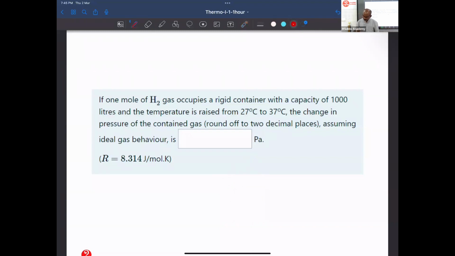So 1 mole and volume is 1000 liters. Now temperature is changing from 27 to 37 degrees Celsius. Sorry, delta T is changing by 10 degrees Celsius or 10 Kelvin.